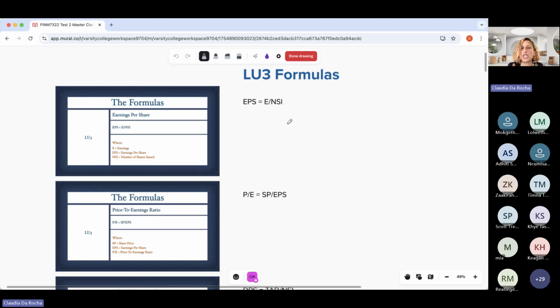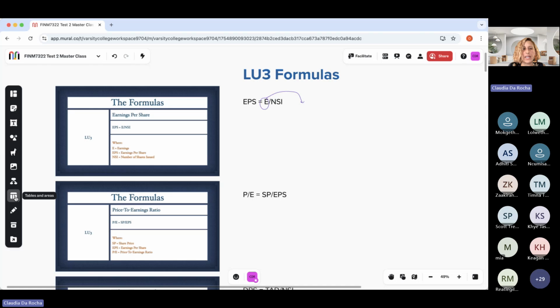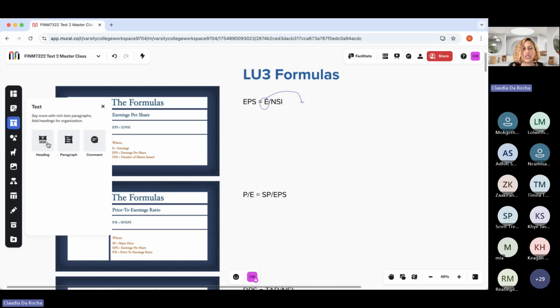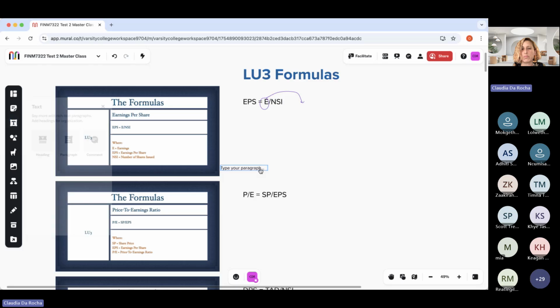All right, so earnings per share, we all know that. Another word for earnings is net profit. So you've got to be careful that they don't say to you, here's net profit, and then you must know that it's earnings. It's quite important that you understand that and the different ways of getting earnings.